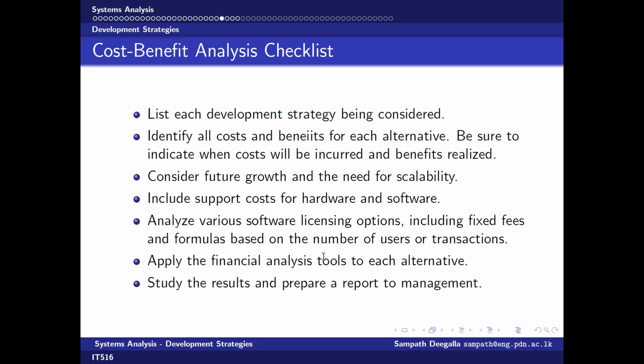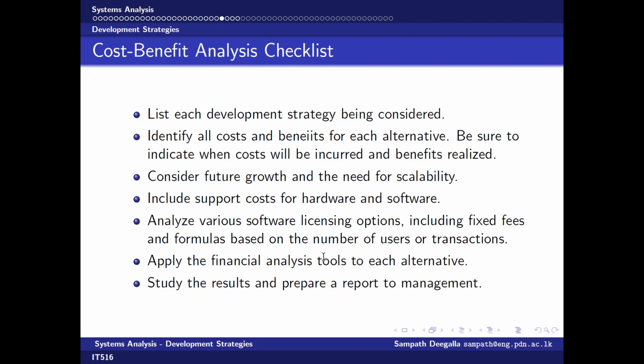Okay, now before we calculate the cost and benefits, here is the list of things you have to check. First of all, you look at each development strategy. As we discussed earlier, it could be a traditional development, it could be some web-based development, and so on.